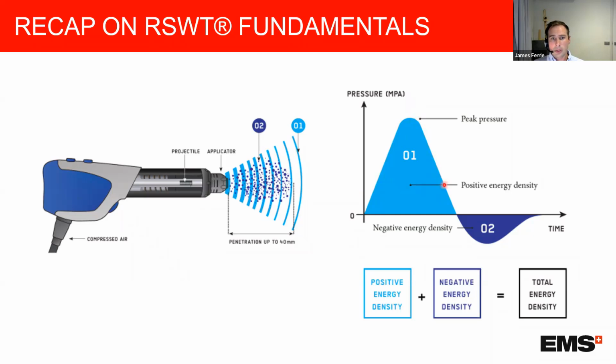That quickly drops off, and then we get this negative energy density. And it's this negative energy density, and the difference between it, which is the combination for getting good cavitation. Cavitation we'll talk about in a little more time, but this gives us our total energy difference, okay?